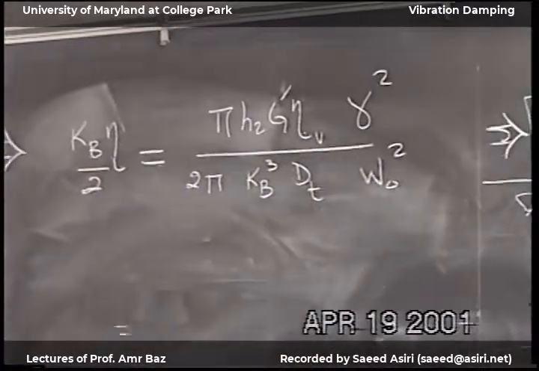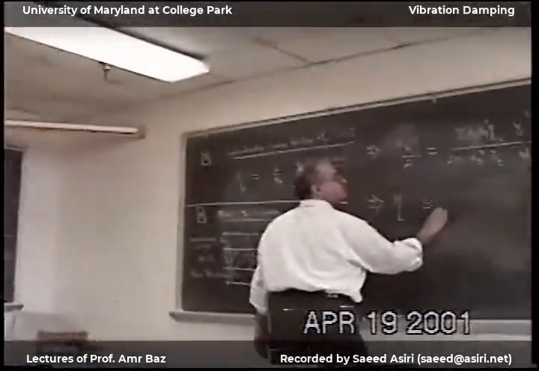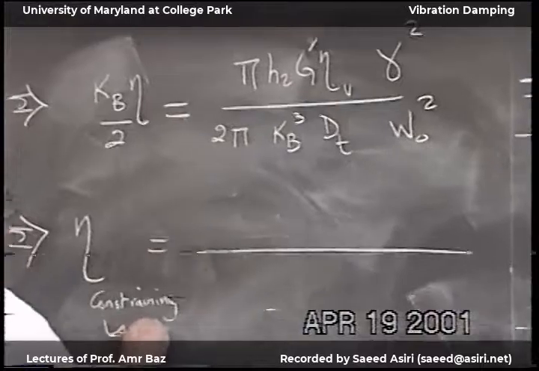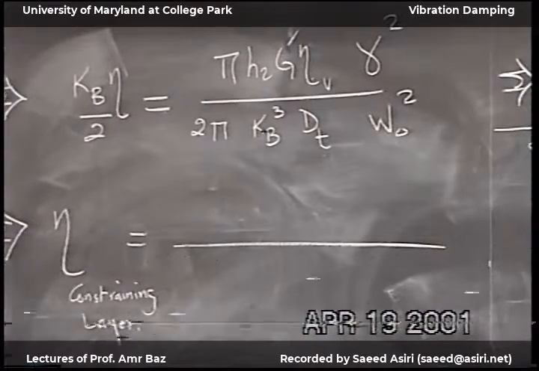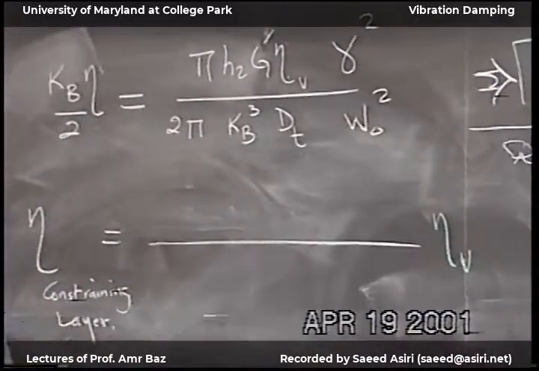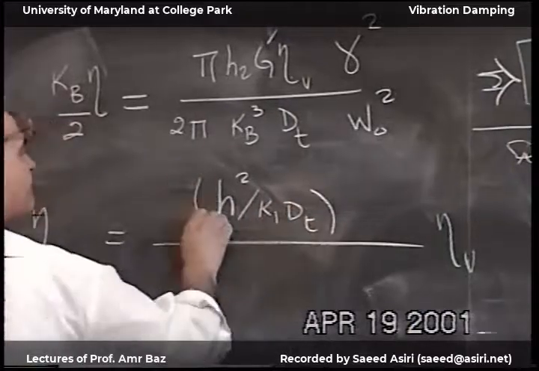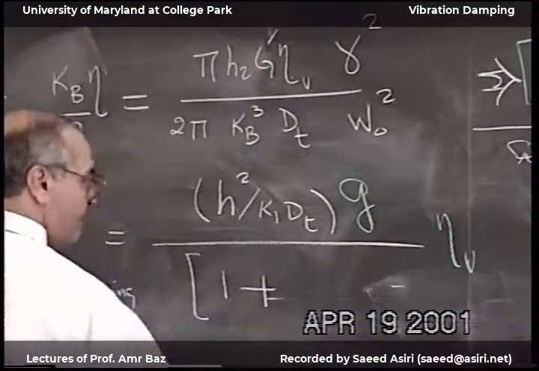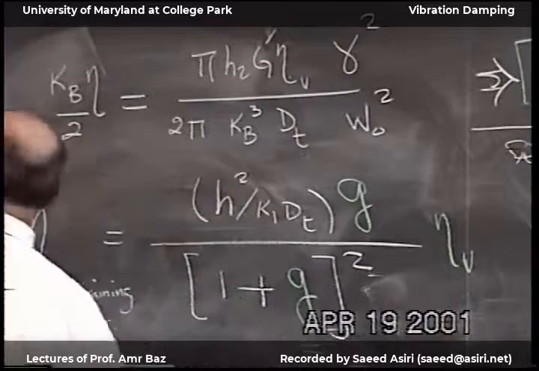And then I will substitute this here, and the result will give us eta of the constraining layer in terms of the eta of the viscoelastic damping material equal to H, and this number is this number.